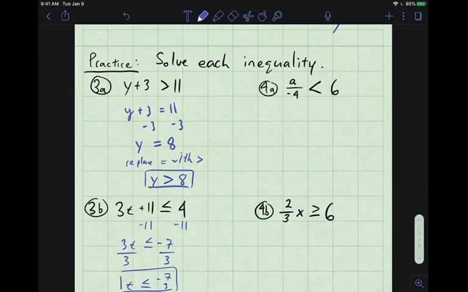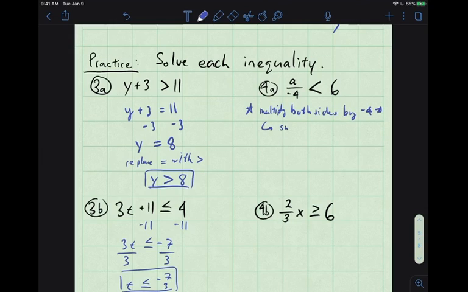So here's an important note with 4a, okay? As you multiply or divide by a negative number, you have to switch your inequality sign. So here, right, multiply both sides by -4.